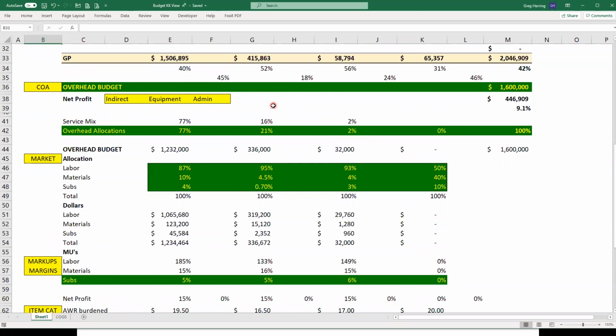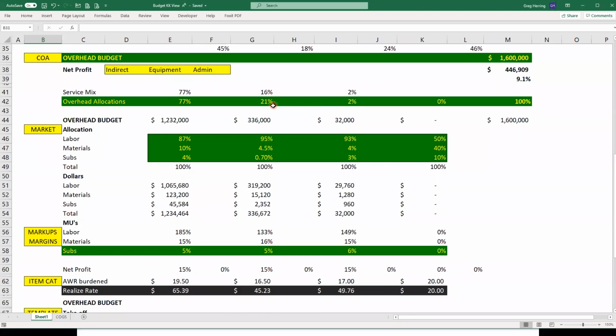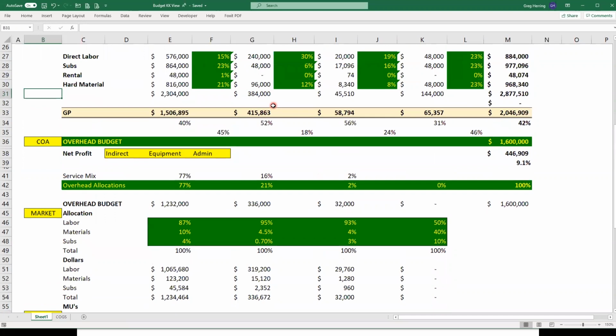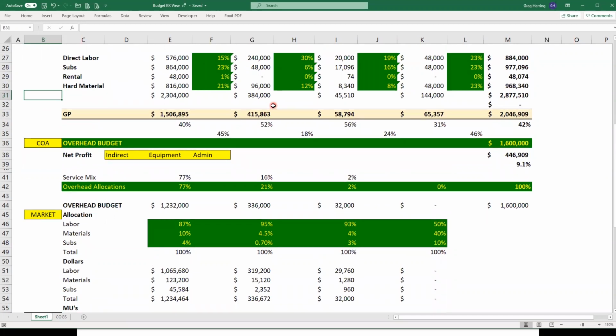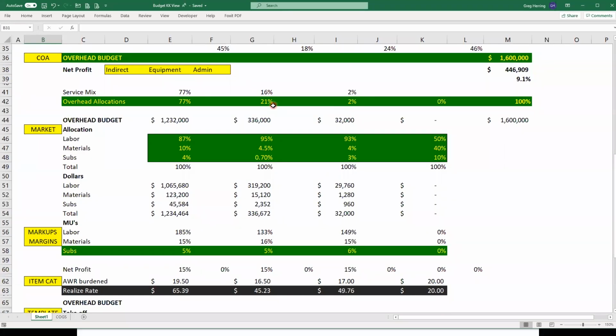Now, I don't have to allocate my overhead recovery that way. There's nothing that says that. This essentially talks more about market. So where can I recover my overhead without taking my labor prices and skewing them way beyond what I know I think I can recover and sell? So I did a few changes just to demonstrate that.